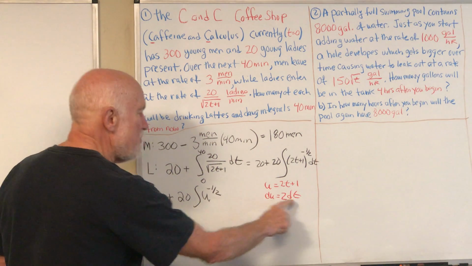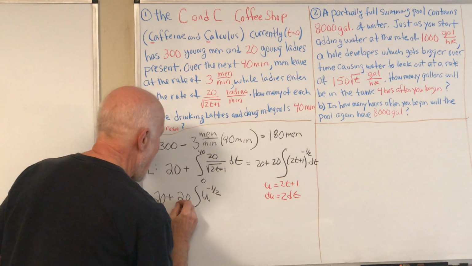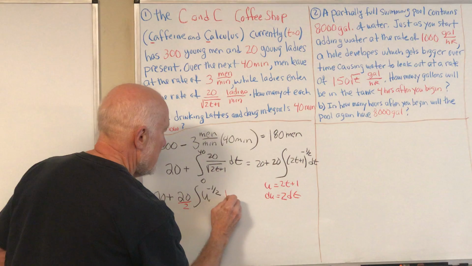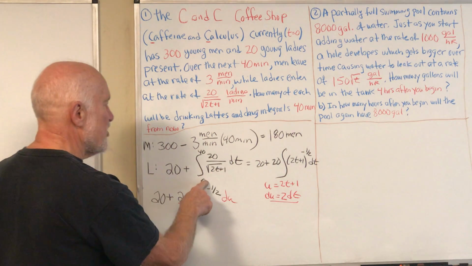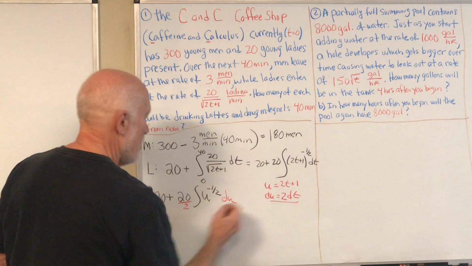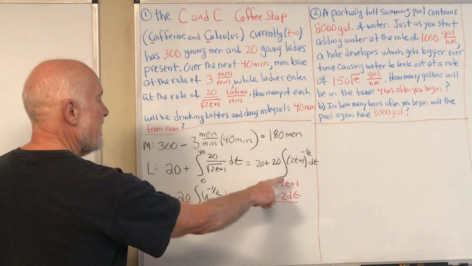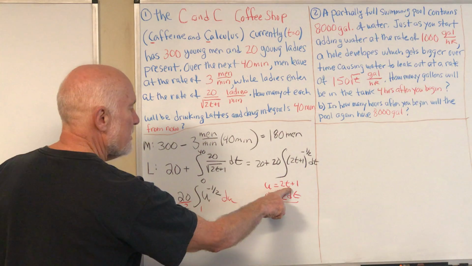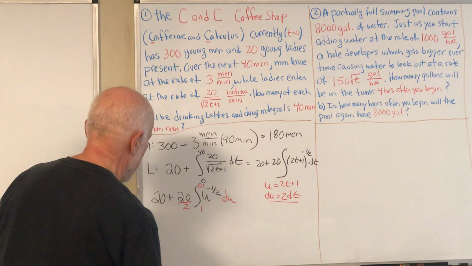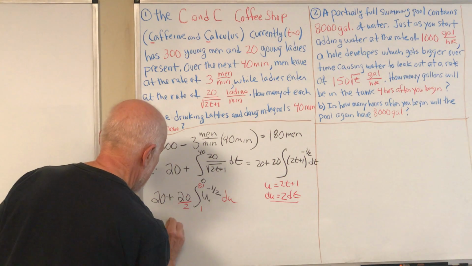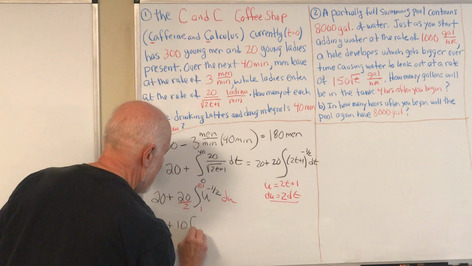And what does dt become? 1/2 du from here. And 0 becomes 1, and 40 becomes 81. So you get 20 plus 10.